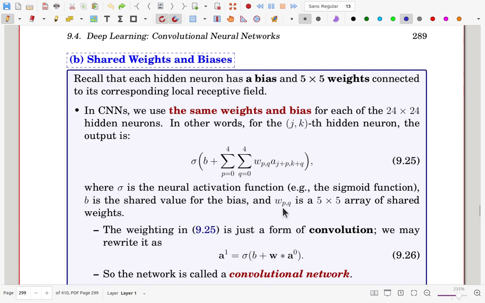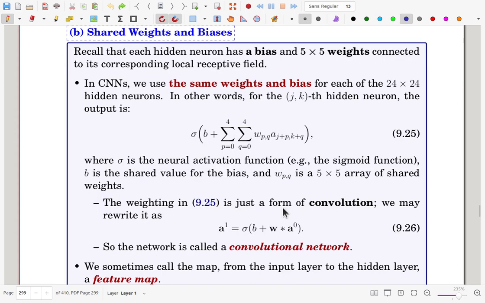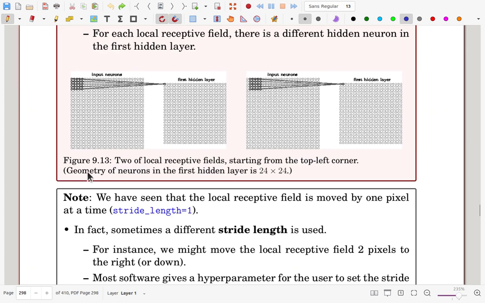Okay. So that one will be used for every receptive field, but in any case, the W and B will be the same. So it can be written in this way. From A0, the activated value, so if we are using image values, then that is A0.